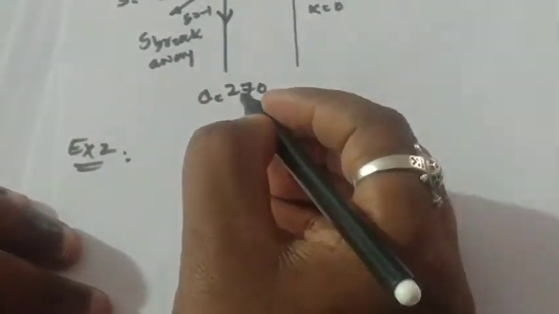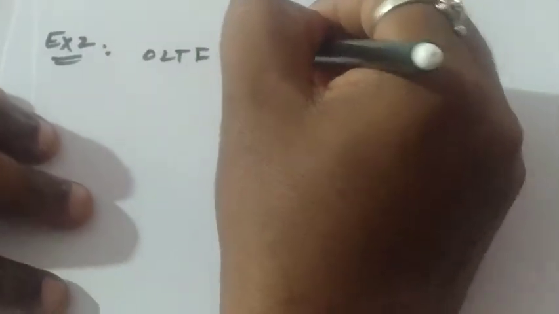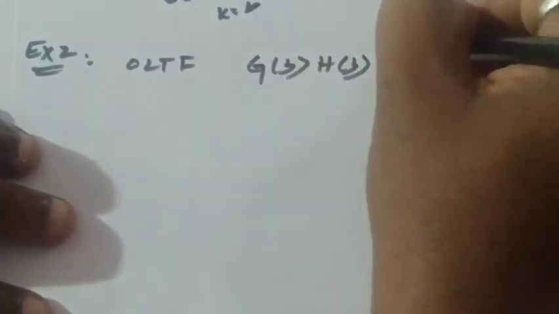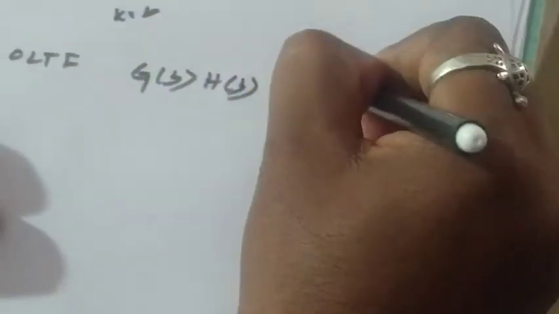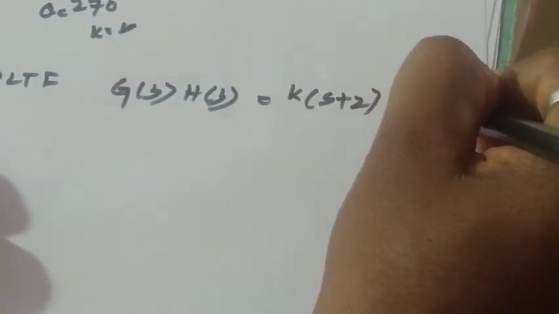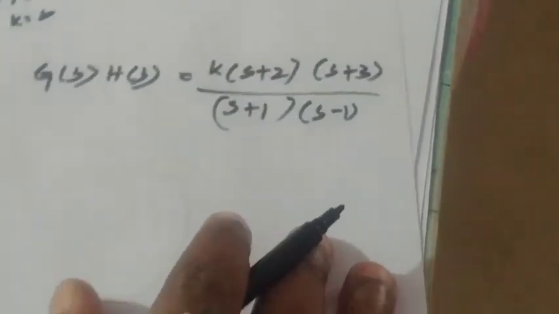So it is on root locus. Draw the root locus for a feedback control system that has the open loop transfer function, OLTF, G of S into H of S is equal to K into S plus 2 into S plus 3, divided by S plus 1 into S minus 1.